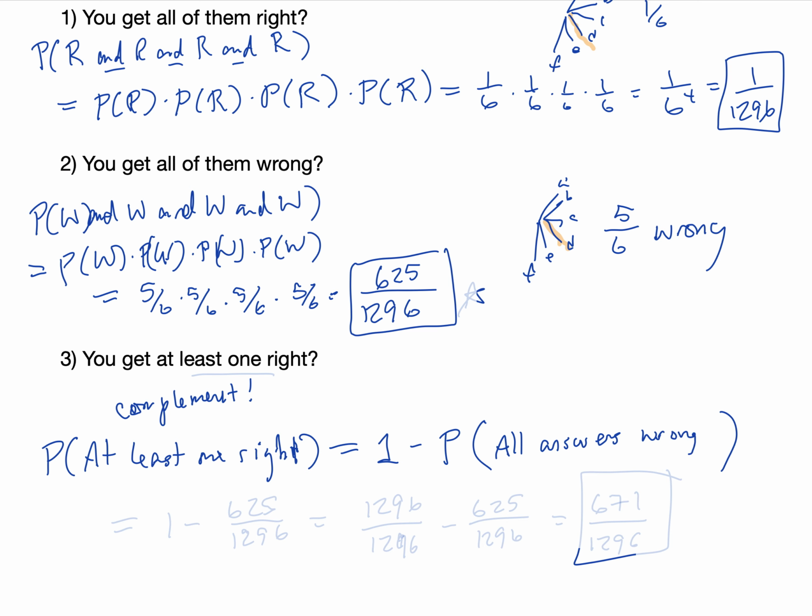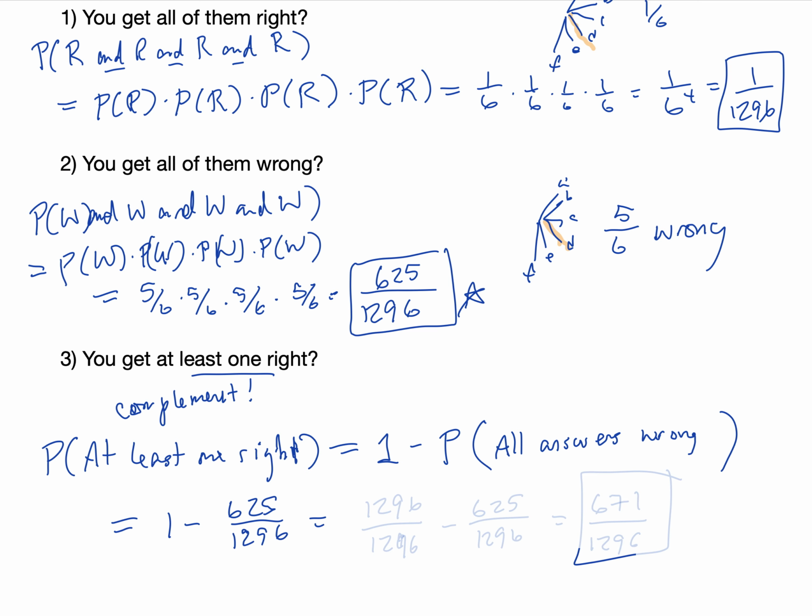So if it is not the case that you got at least one right, then you must have gotten every single one of them wrong. We already calculated that above. This is equal to 1 minus this. We've already calculated that, 625 over 1296.